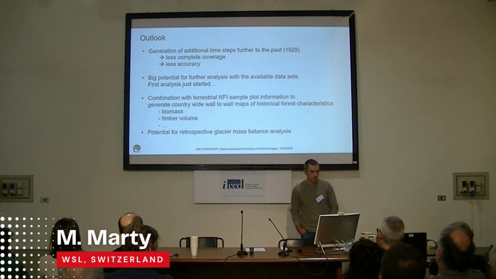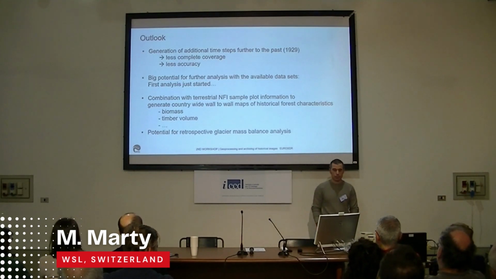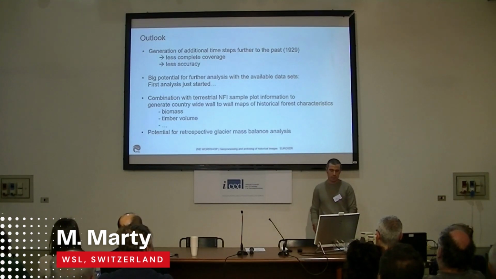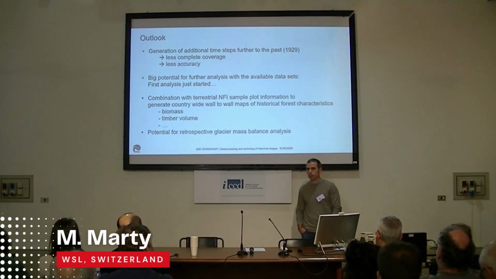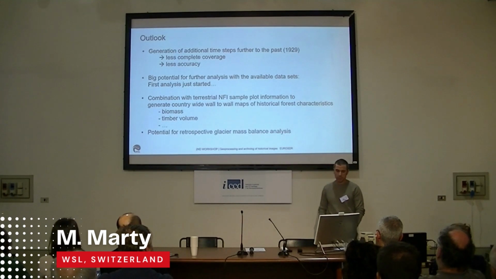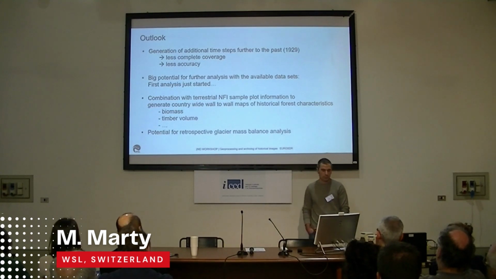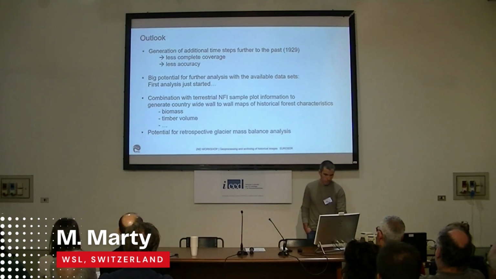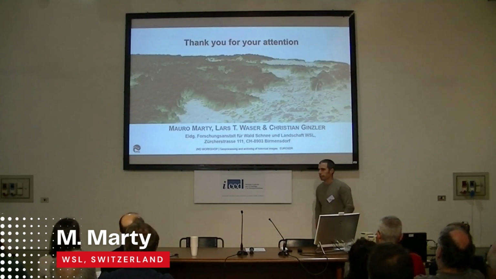And finally we think that especially with the images oriented with the HAP software and also with more state-of-the-art matching algorithms, these DSMs could also have big potential for other research topics, like for instance retrospective glacier mass balance analysis. Yes, so thank you for your attention.